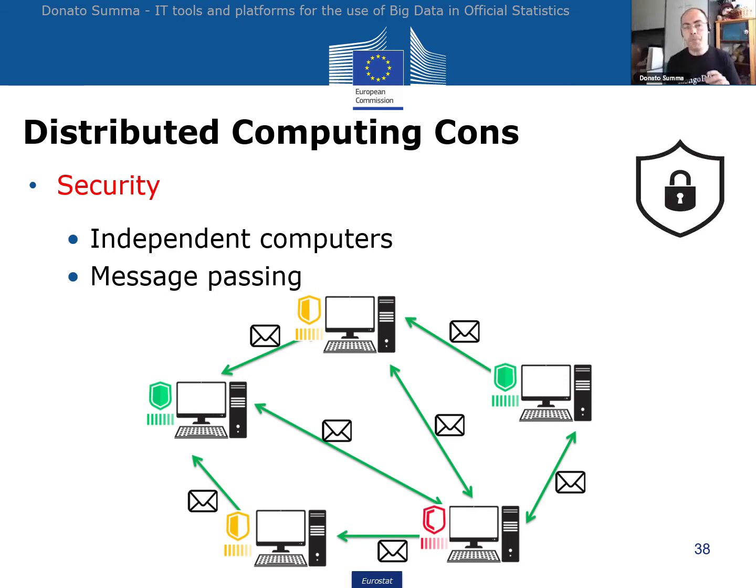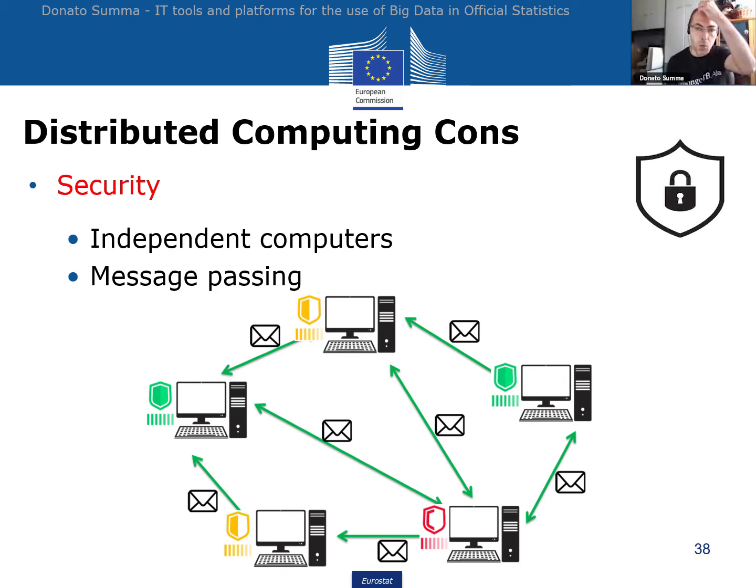So basically, we have to deal with the fact that we have independent computers and we can't directly control each one of the nodes. The second issue that we have to deal with, talking about security, is the message passing mechanism.